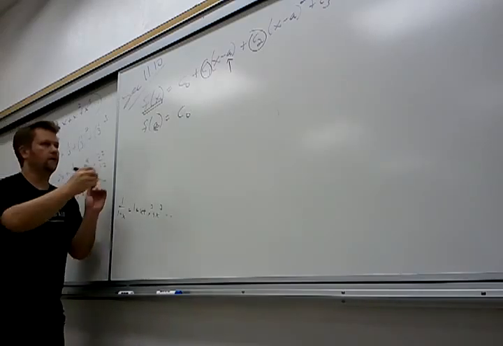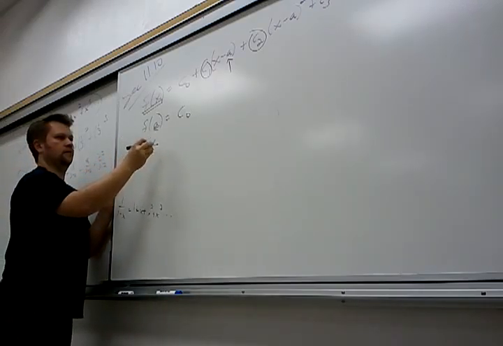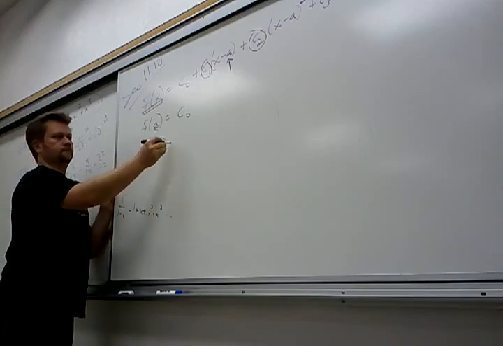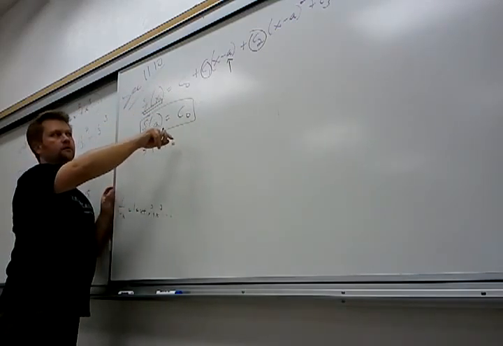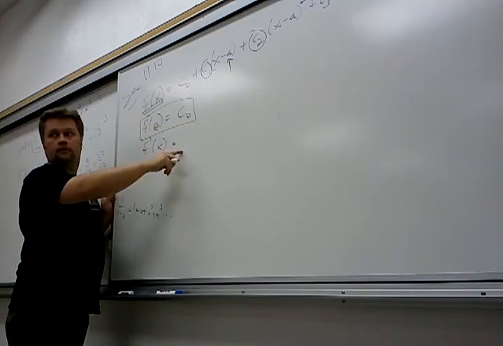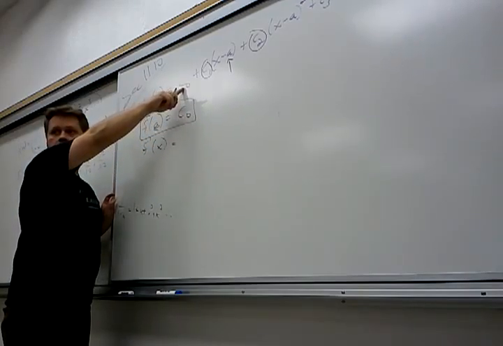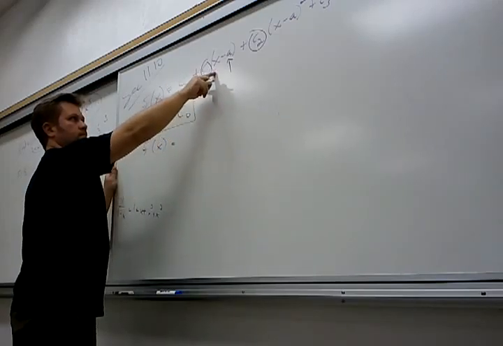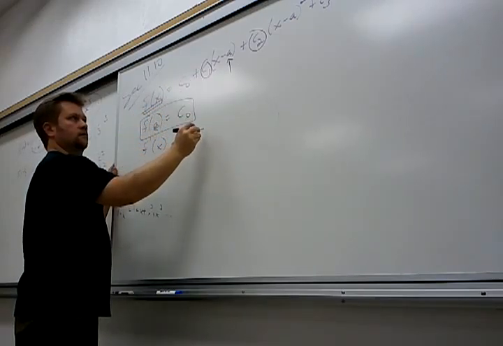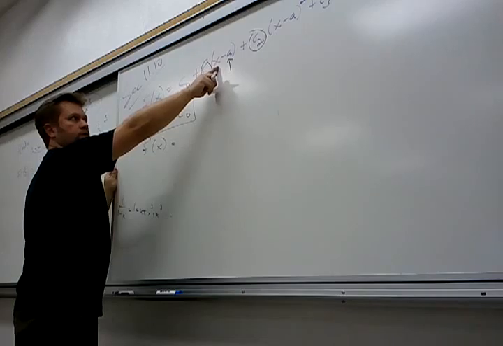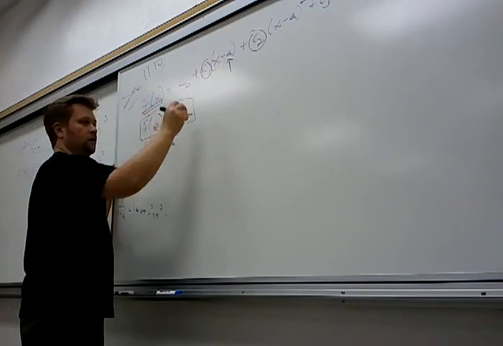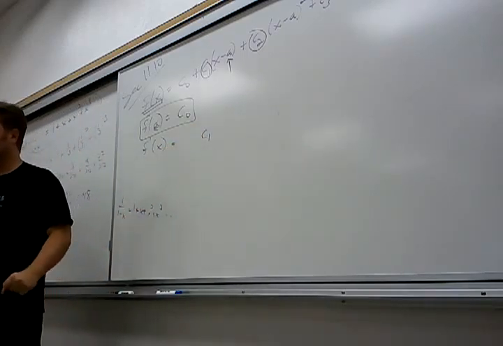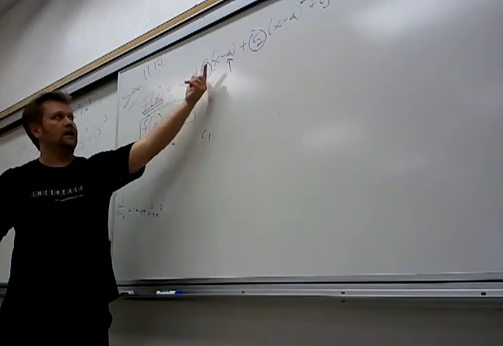I already gave it away earlier, but what's f prime of x? So I know this. What's f prime of x? 0. That's a constant, right? What's the derivative of this? 1. C1. Right? You guys cool? So it's C1 times 1.